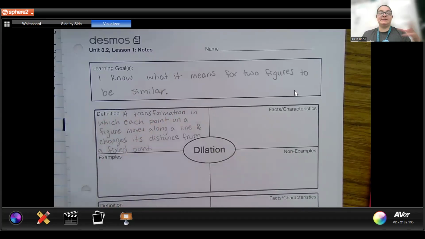Now, what really is happening in this, a transformation in which each point on a figure moves along a line and changes its distance from a fixed point.